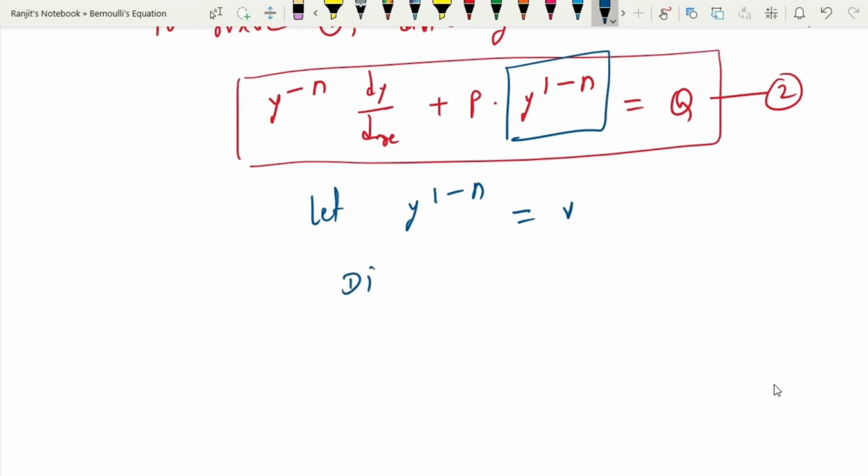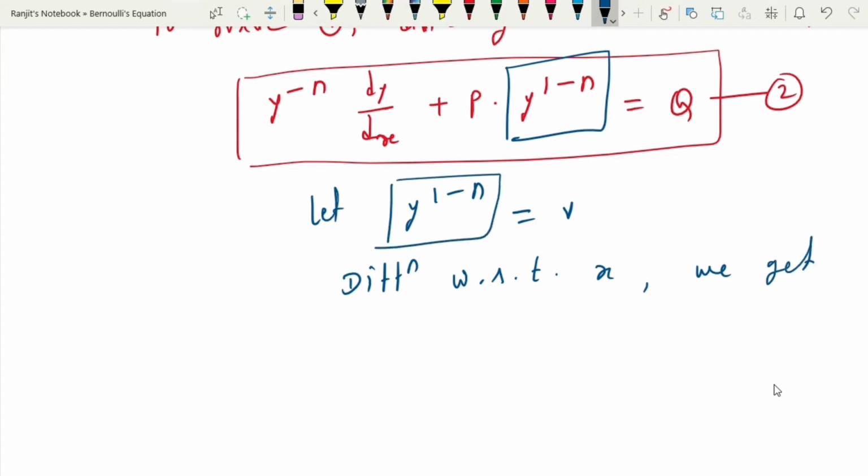Now differentiating this with respect to the independent variable x, we get the derivative of y to the power 1 minus n: 1 minus n times y to the power 1 minus n minus 1, that is y to the power minus n, times dy by dx, is equal to the derivative of v, that is dv by dx.